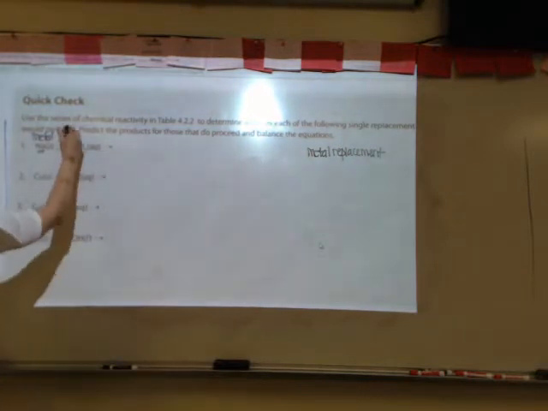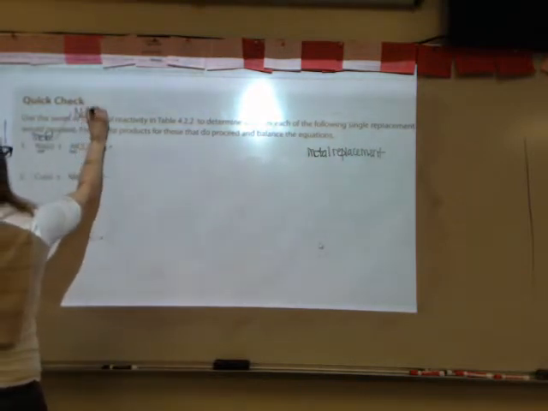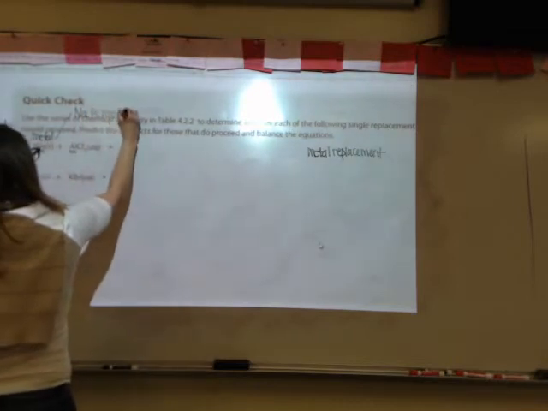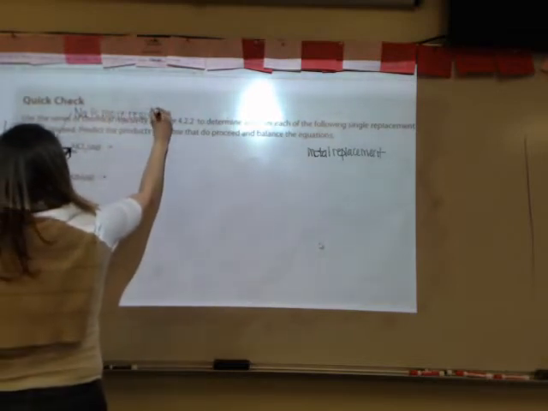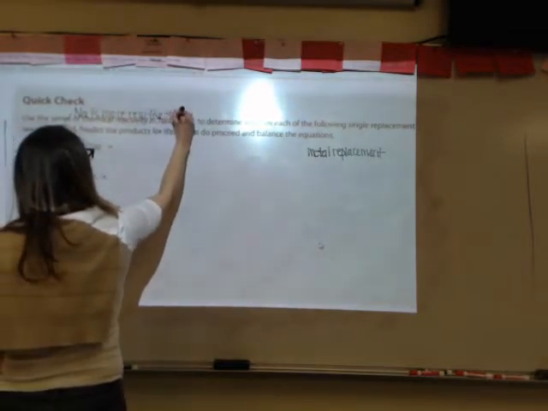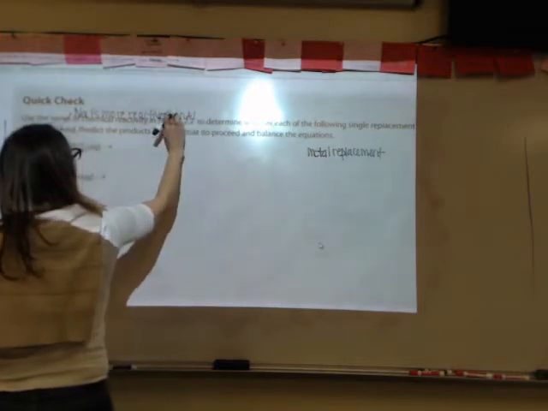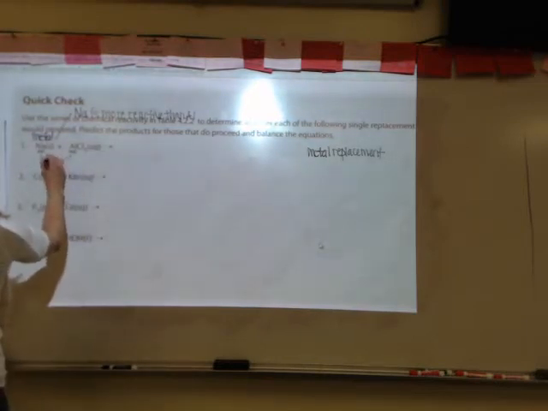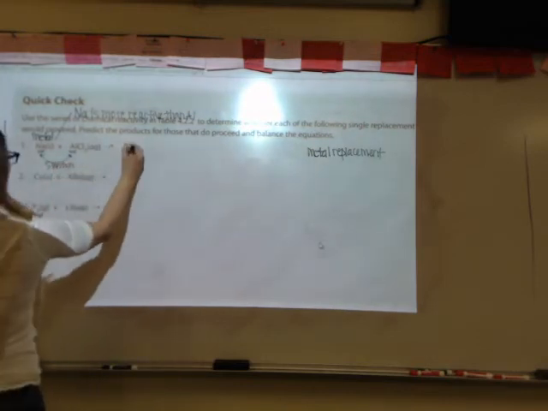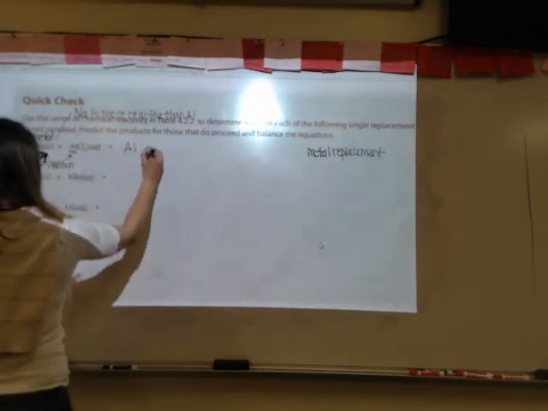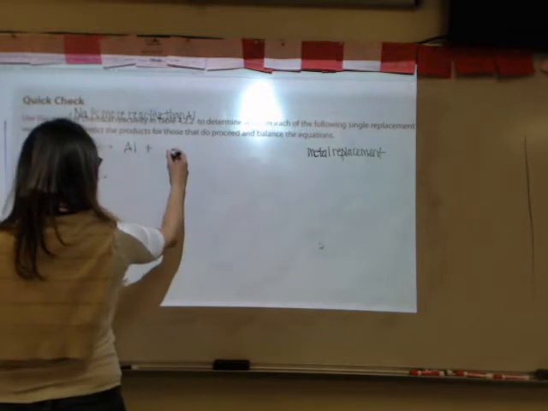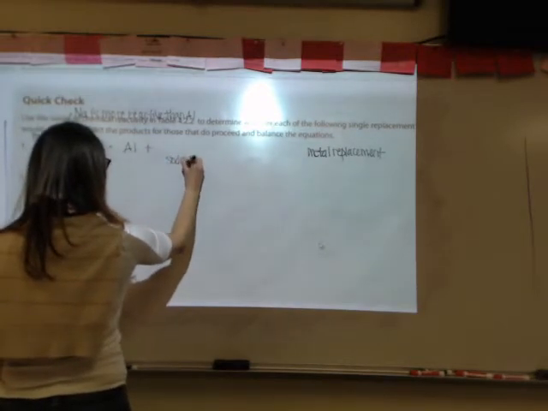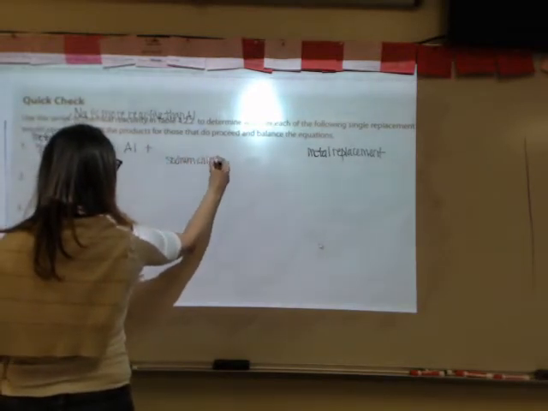So yes, sodium is more reactive than aluminum. So that means that the sodium will replace it. So these two will switch. You'll kick out aluminum alone, and then you'll have sodium combining with chlorine, and that will make sodium chloride.